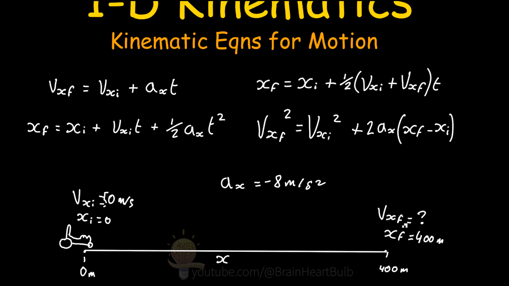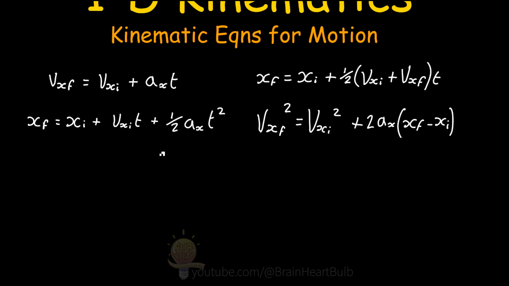Its final velocity, when it finally comes to rest, would be 0 meters per second, but we would not know the final position. We would not know how far the race car is going to travel to stop from 50 meters per second at a deceleration of minus 8 meters per second squared, so we don't know that answer there. But we can use all these equations above, or a combination of these equations, to find this answer.